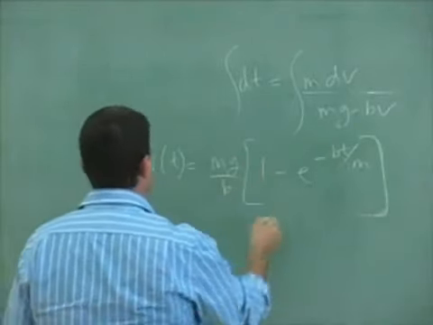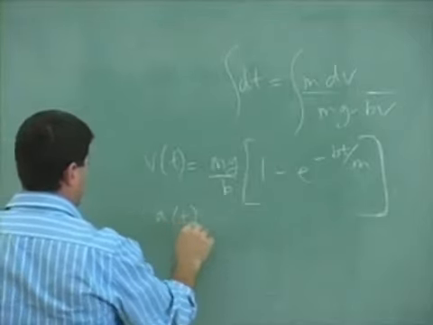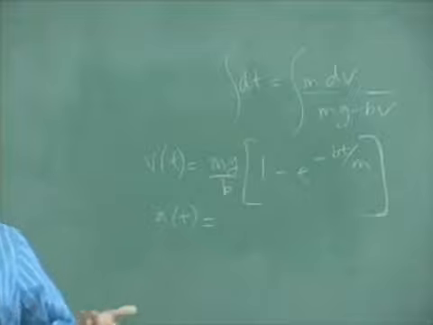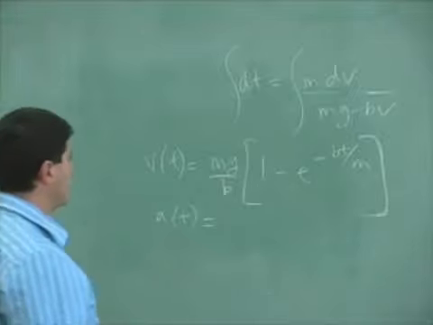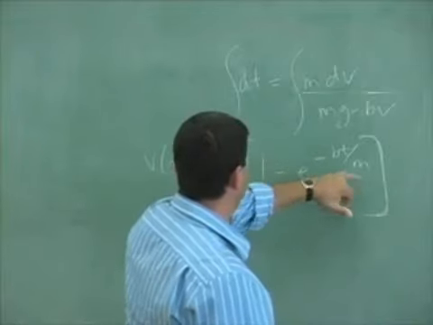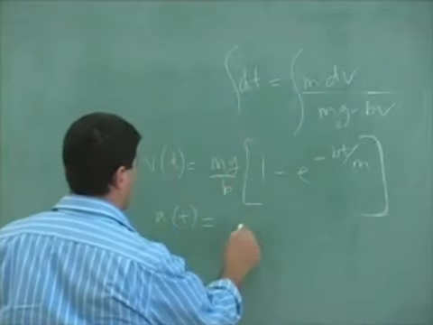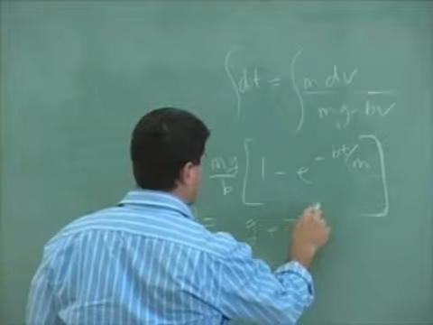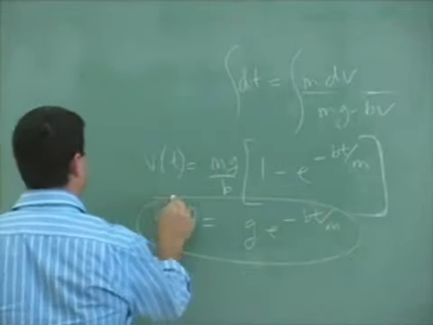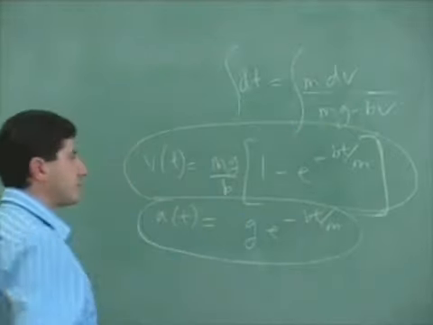And then when you take the derivative of this, it gives you the general function a as a function of t. The derivative of the exponential, the negative will come out, the b over m will come out, and you're going to end up with g e to the minus bt over m. Okay?